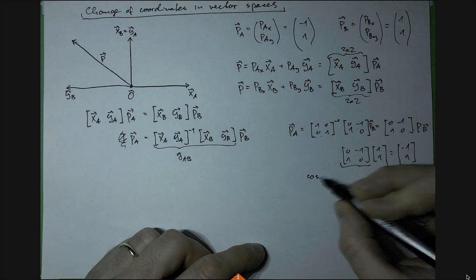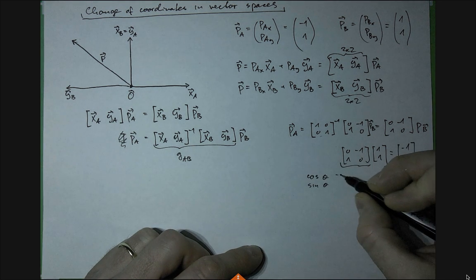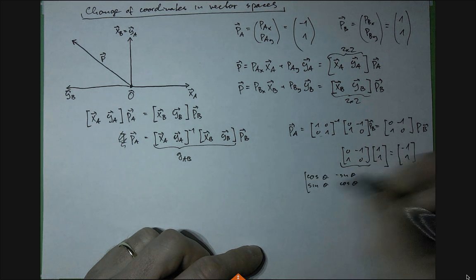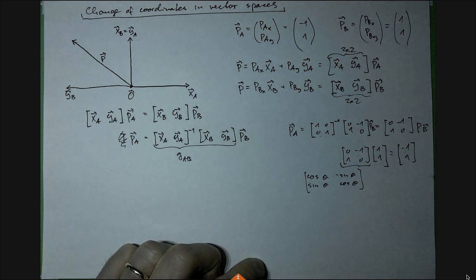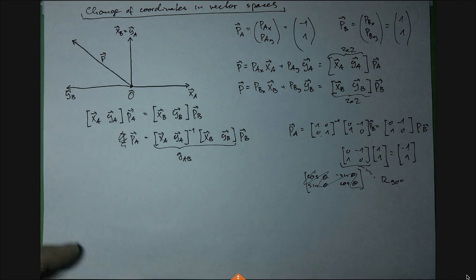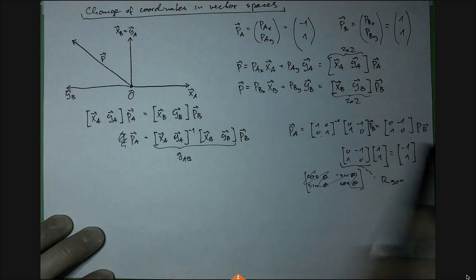In general, a rotation looks like cosine, sine, minus sine, cosine, right? So rotation about what angle? 90 degrees, that's exactly right. So this is a rotation about 90 degrees. From this, it's obvious how the inverse matrix would look.